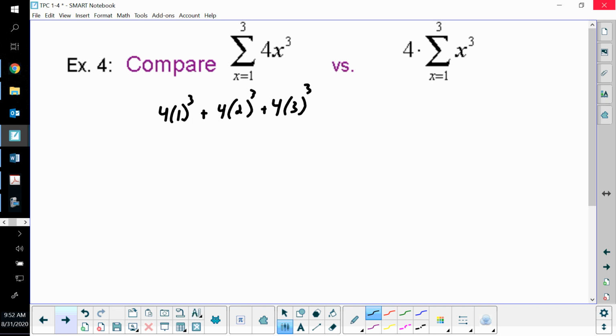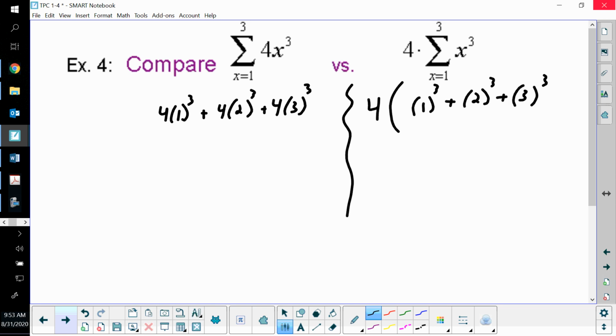Now the second one, we'll finish that up in a second, but I just want you to see the parallels. This is saying we're going to do 4 times, and then we're going to sub in our 1, 2, and 3. So we're going to have 1 cubed plus 2 cubed plus 3 cubed. And some of you might be able to see where this is going.